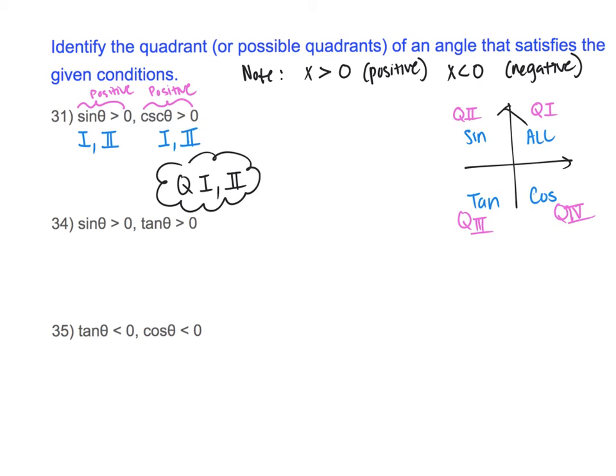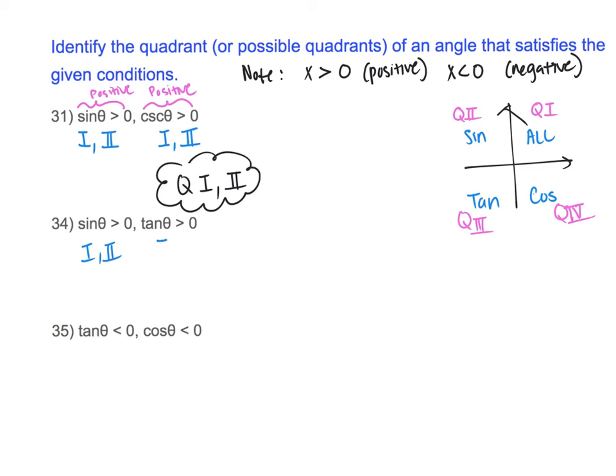Okay, let's take a look at our next problem. This one says sine is positive. We just said a moment ago, when sine is positive, it's in the first and second quadrant. But it also says when tangent is positive. Tangent is positive in the first quadrant, because that's where everyone's positive, and also in the third quadrant.